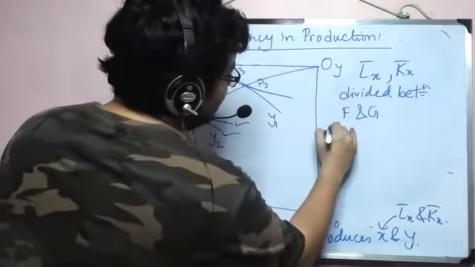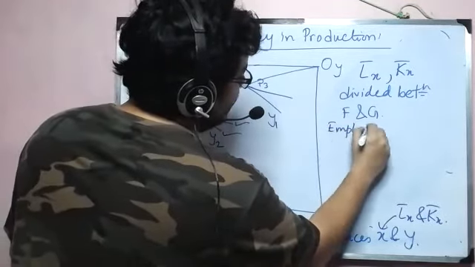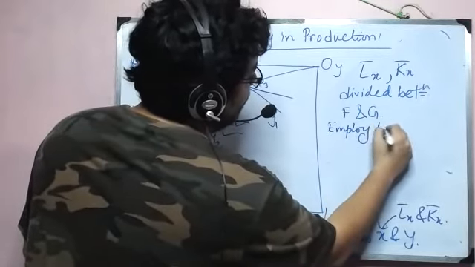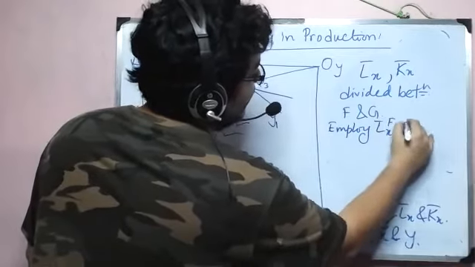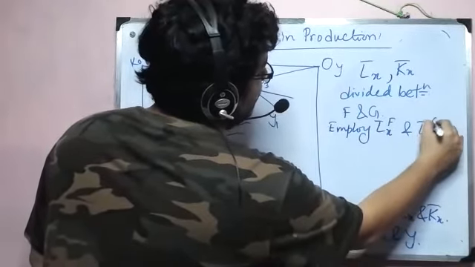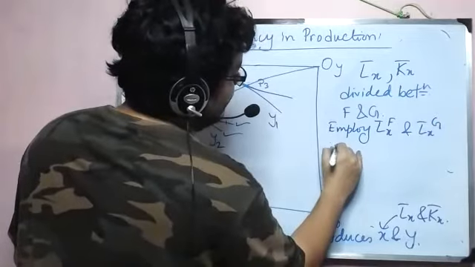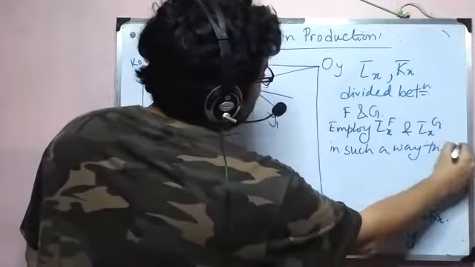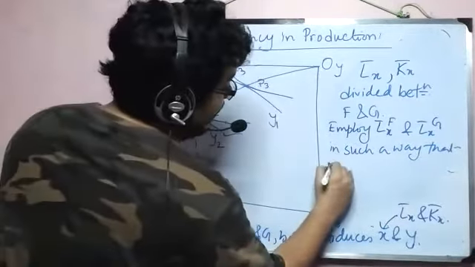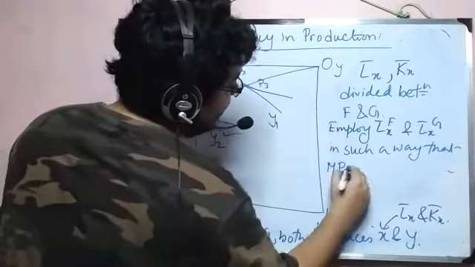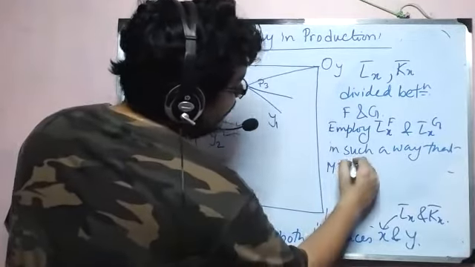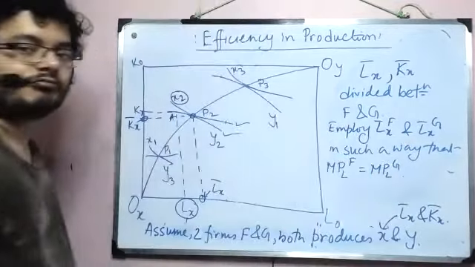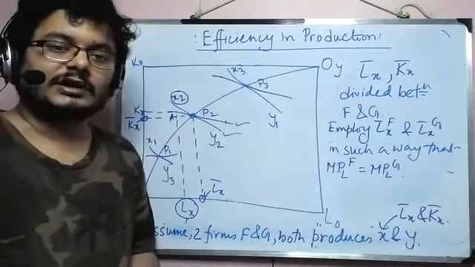We employ, let's say, Lx bar f and Lx bar g in such a way that MPL f equals MPL g. Okay, so that's our rule.